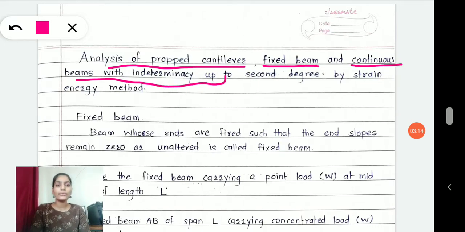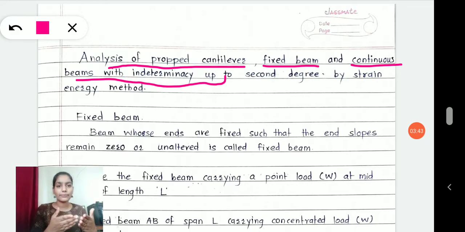Now, a huge number of indeterminacies can be available in a structure, but up to what number you can solve manually, you have to understand. We cannot extend our manual calculation up to 30, 40 and 50 degrees of unknowns, because we are humans and we have restrictions, right?